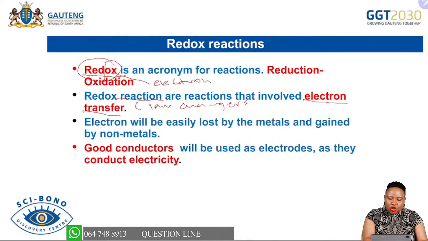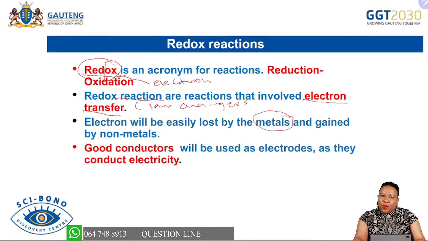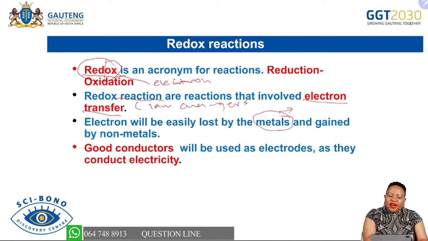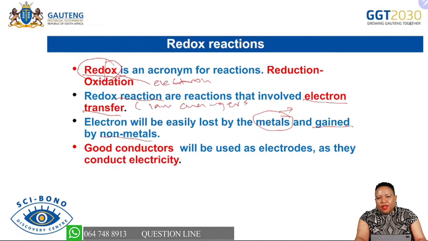We know that metals, as one of their properties, can lose electrons easily because of their outermost energy level, and also those delocalized electrons. However, non-metals will not lose electrons, but they will gain electrons. Therefore, we will see many of our metals losing electrons.